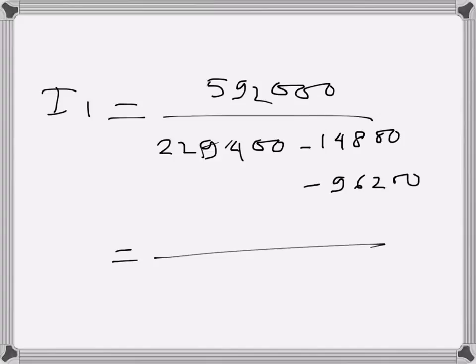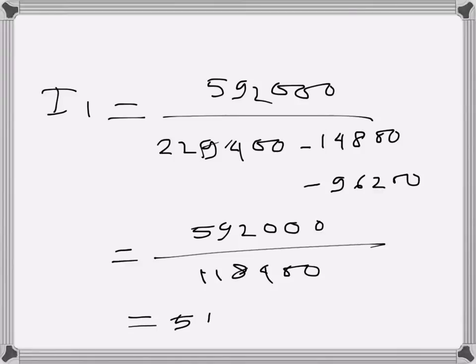So finally I am getting 592,000 in the numerator and 118400 in the denominator. So the result is 5 amps.